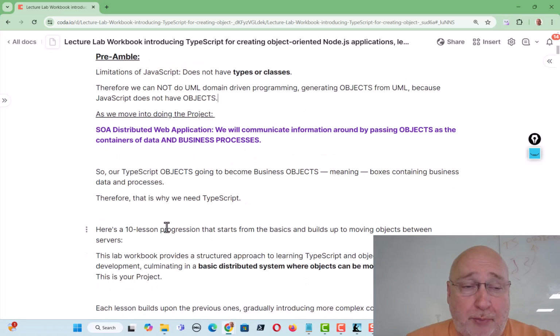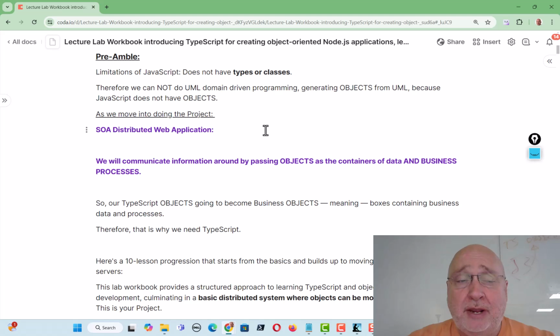So to do our project now, which is a service-oriented architecture distributed web application, we will be setting up multiple servers. Everybody's going to set up several servers on their computer, on their operating system.